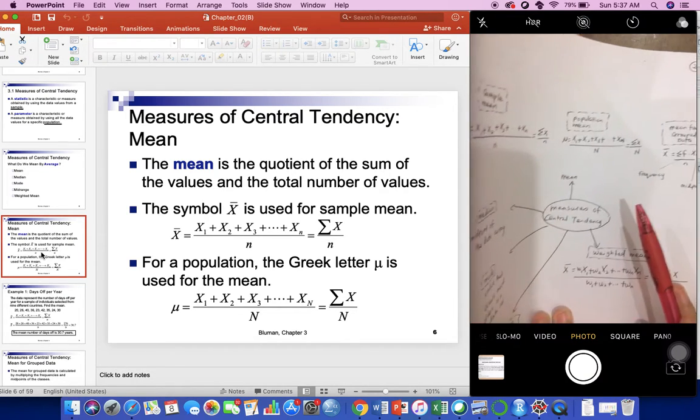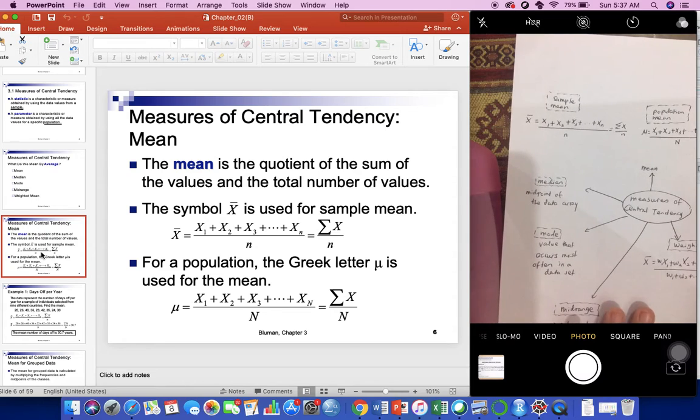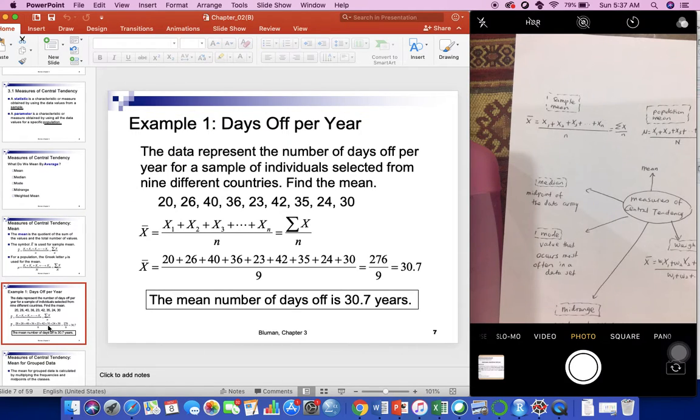Okay, let's take a look first at the mean. Let's take one example. This example represents the number of days off for a sample of individuals selected from 9 different countries. So we have 20, 26, 40, 36, 23, 42, 35, 24, and 30. So how to find the mean?